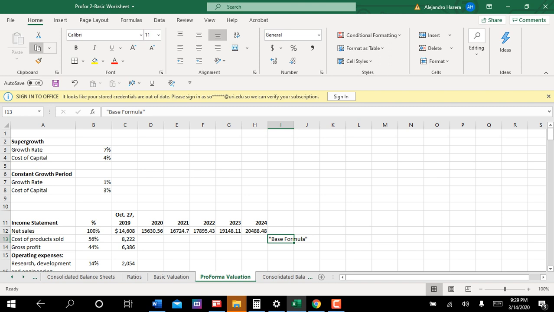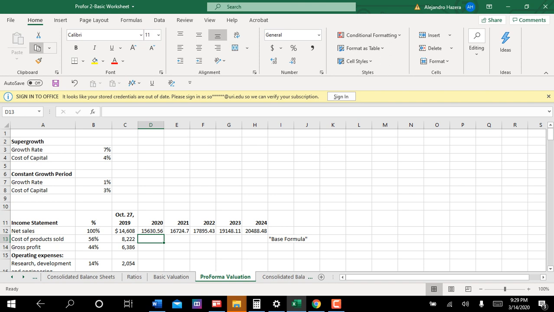You'll be able to fill in much of both the income statement and the balance sheet just by copying this formula down, just by copying some line which incorporates this formula. Let's take a look at how we're going to do this.